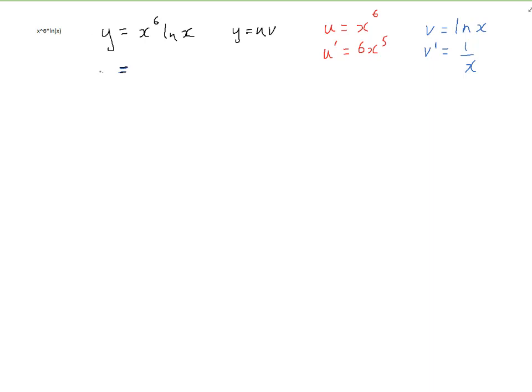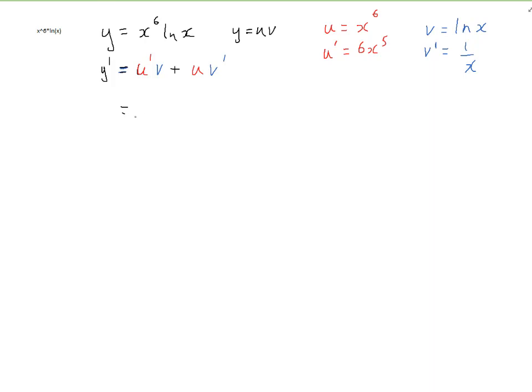So the rule is that y dashed is equal to u dashed times v plus u times v dashed. So first we differentiate this one, leave this alone, and then the opposite.